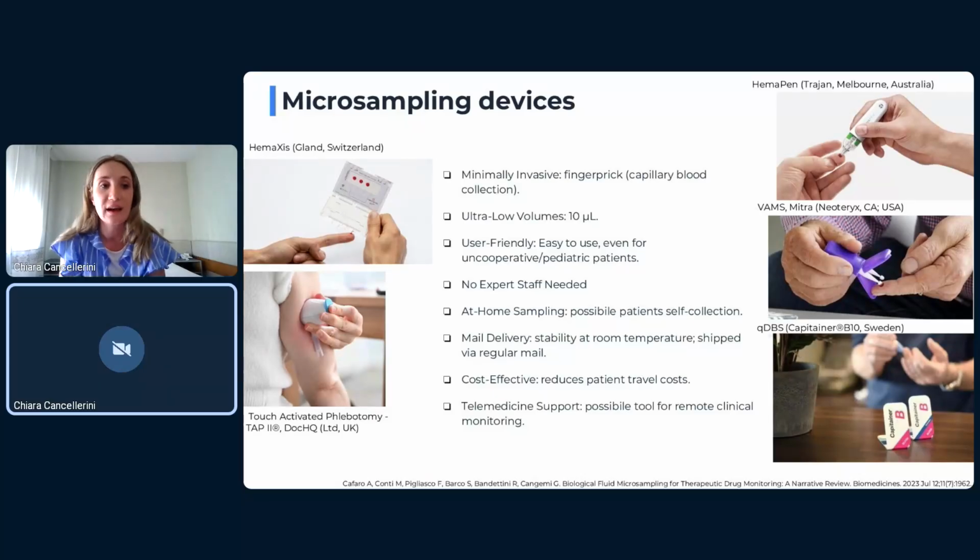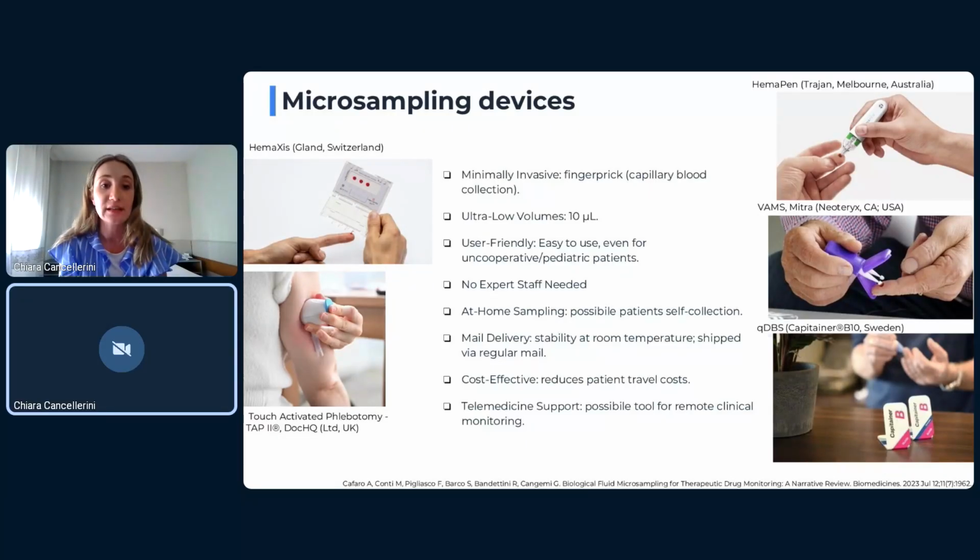Using a finger prick, a patient can collect a drop of capillary blood by self-collection. And of course, we have different advantages. For instance, we can reduce the sample volume, and it is minimally invasive. The procedure is pretty easy, so they don't need training. They can even do it in uncooperative patients.